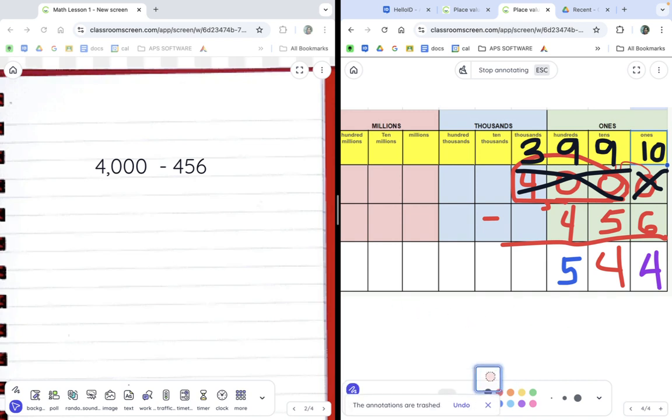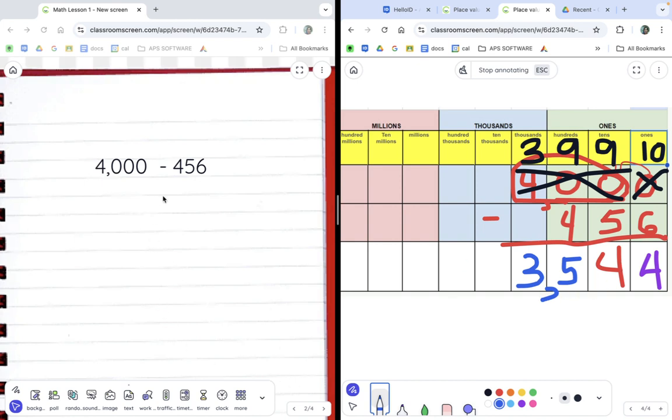Let's see, we're in the thousands place. Oh, we only have 3 right here. We don't have anything to take away. That means we have 0 value here. So the only thing you're going to do is just bring down the 3 and that's it. So the answer is 3,544.